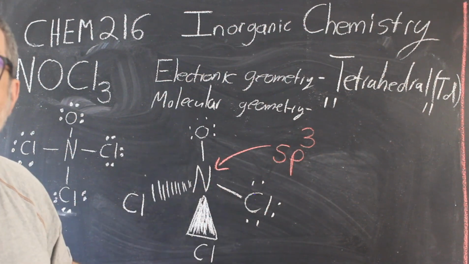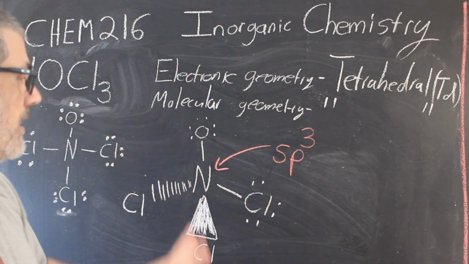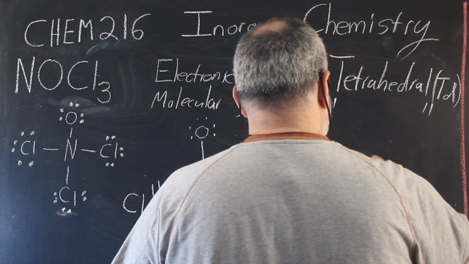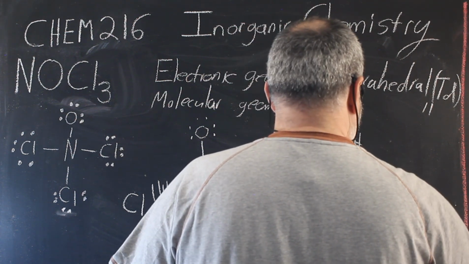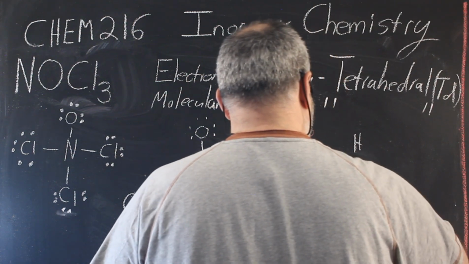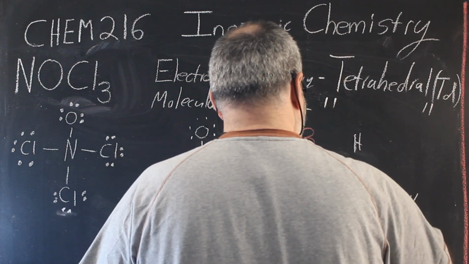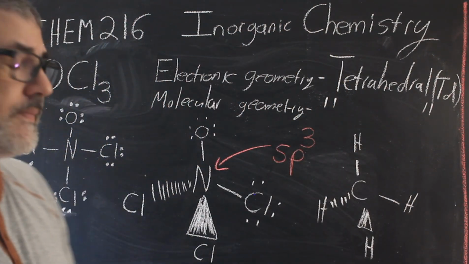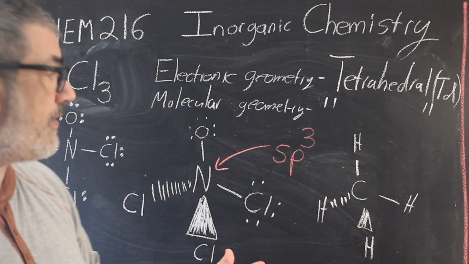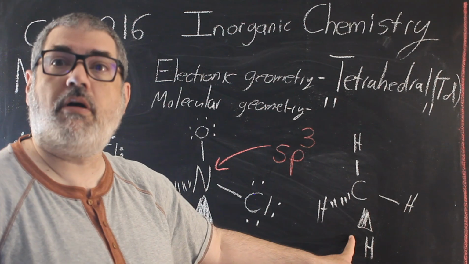Now, it's always good to kind of compare and contrast molecules. If we had methane, so methane is also tetrahedral. In the case of methane, all 4 positions are hydrogen.